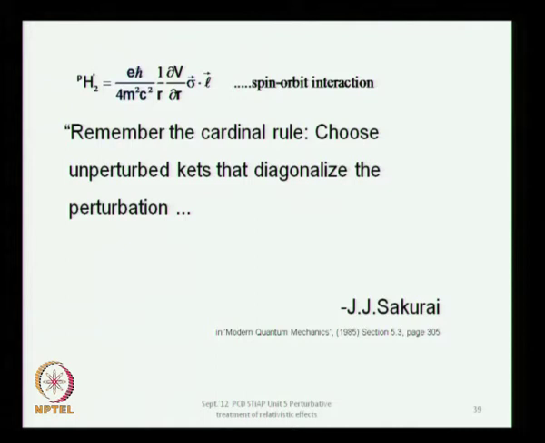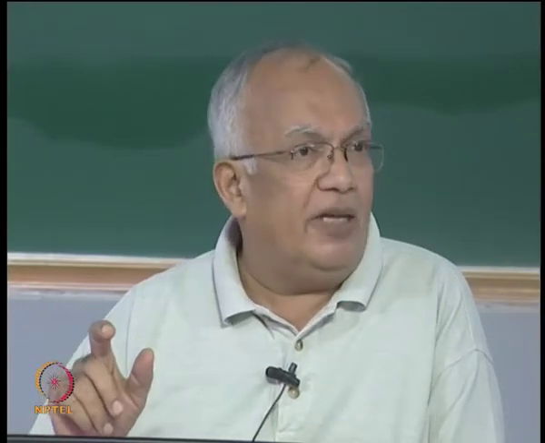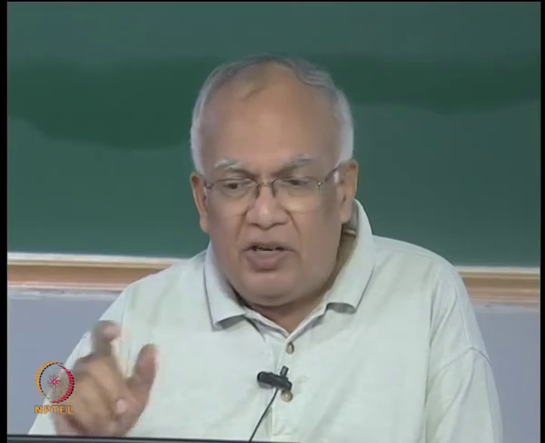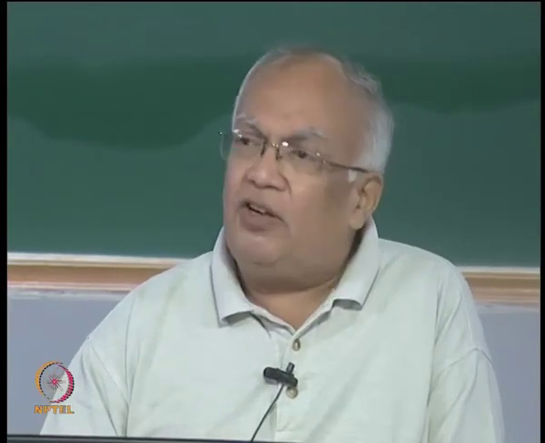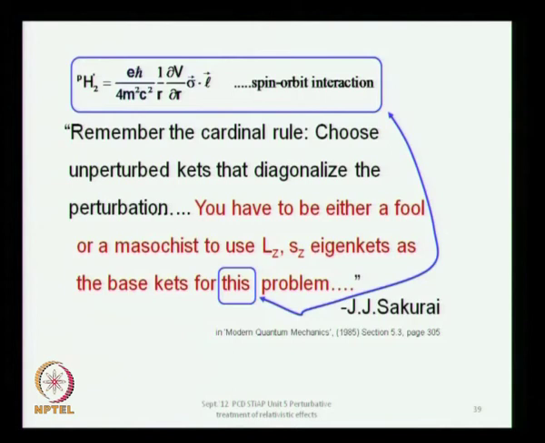Now the perturbation that we have is sigma dot L, right. So what kets will diagonalize this is the question that becomes pertinent, and in this context the rest of the quotation by Sakurai is this one, that you have to be either a fool or a masochist to use L, S, Lz, Sz eigenkets as the base kets for this problem.